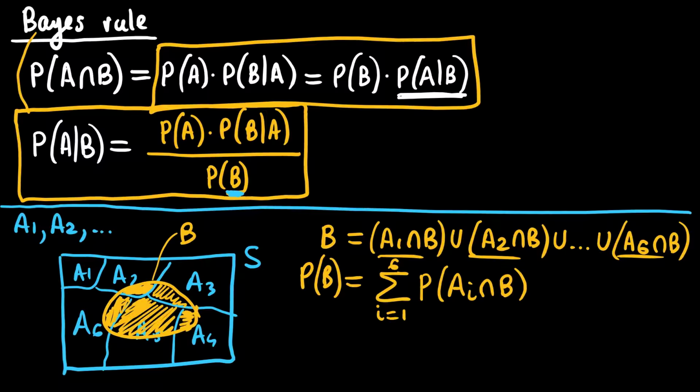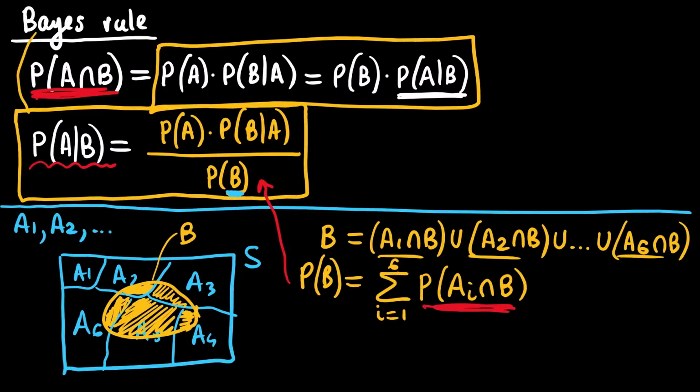Okay, and then let's use this definition of the intersection here, and in particular because eventually we're going to be plugging this back into this form of Bayes' rule, and here the probability of A given B is the unknown, is what we're trying to figure out.